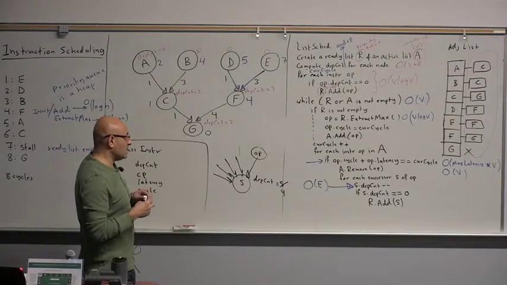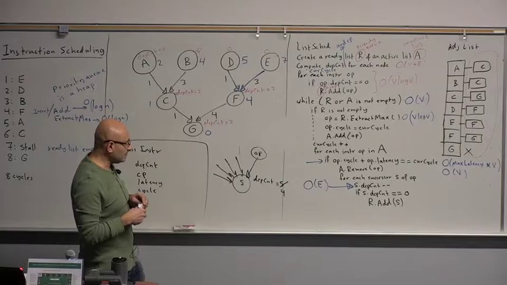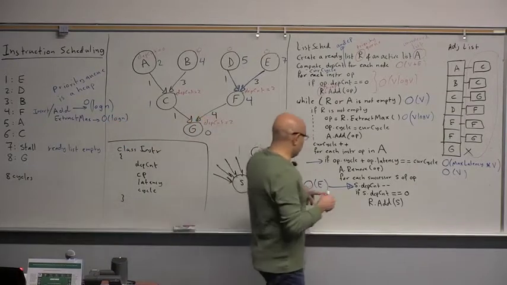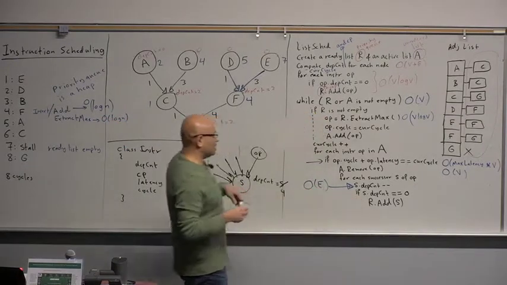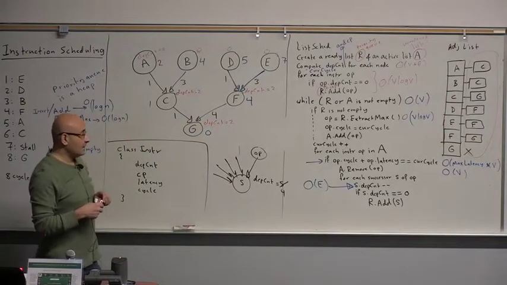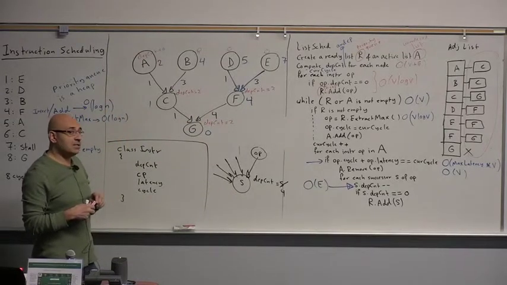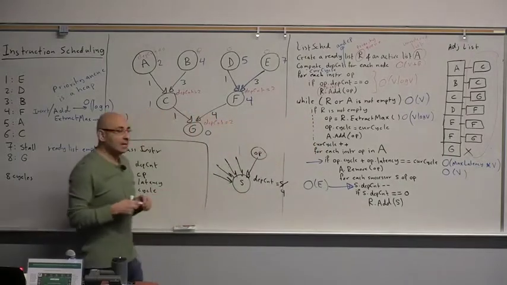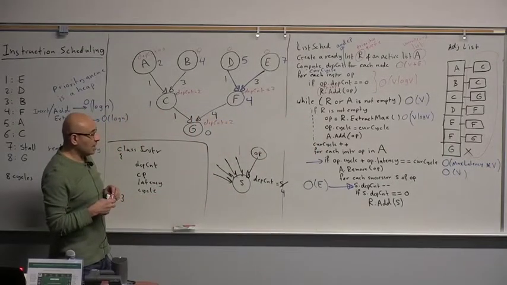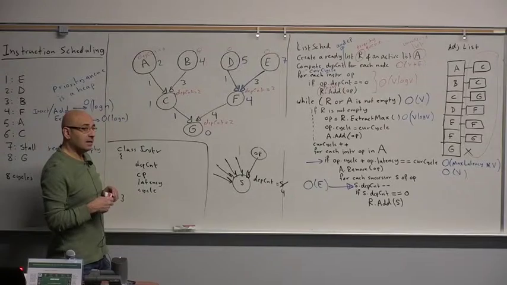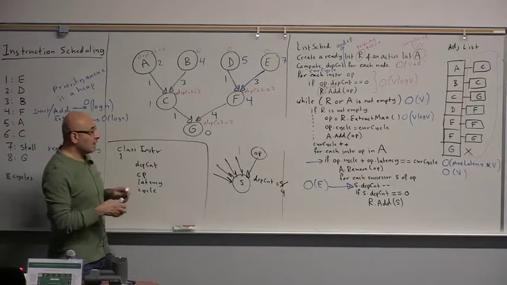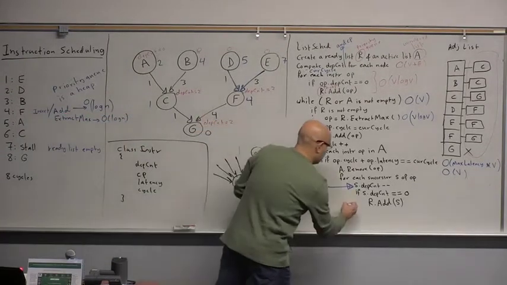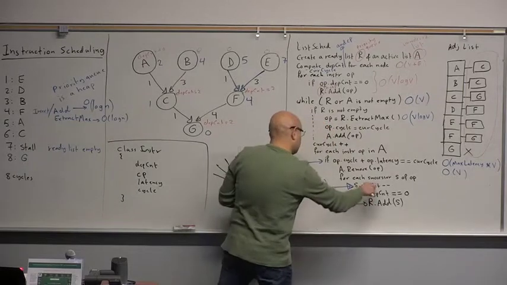So this is E. But if dep count becomes 0, we will add it to the ready list. Now, how many times will this get executed? The check gets executed E times.